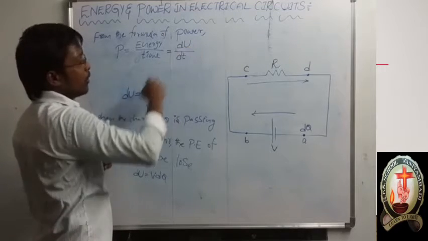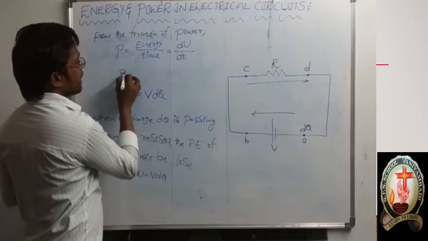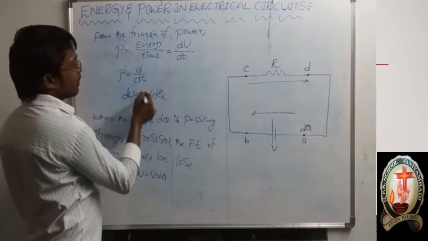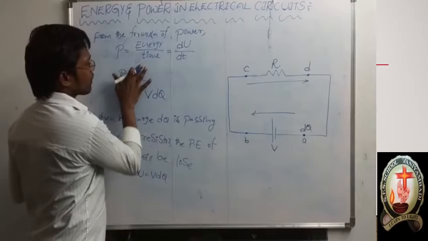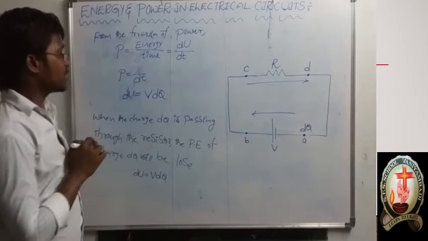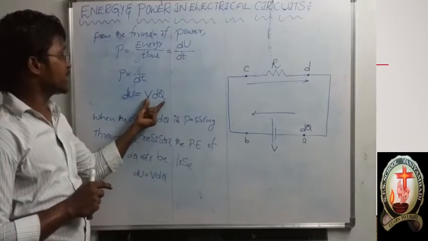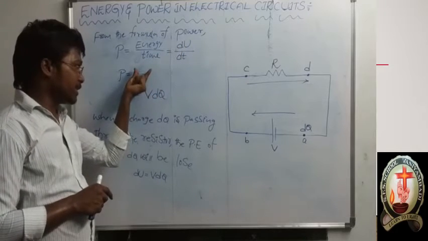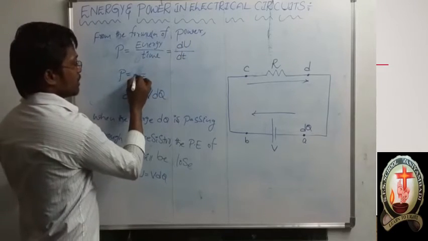So P is equal to d by dt of, in the place of dU, I am substituting this value. How much?